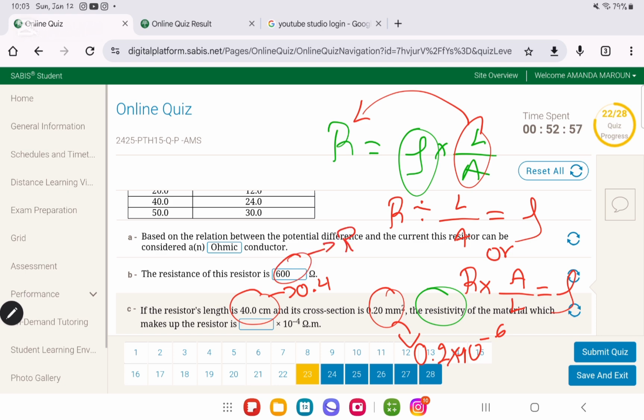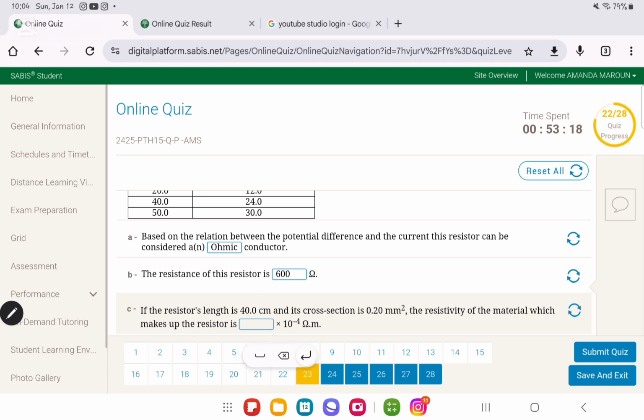So to find it, it's going to be 600, the resistance, times the cross-sectional area, 0.2 times 10 to the power of minus 6, divided by the resistor's length, which is 0.4. So we get an answer of 3 times 10 to the power of minus 4 ohm per meter. 10 to the power of minus 4 is already put, so we just need to put 3.